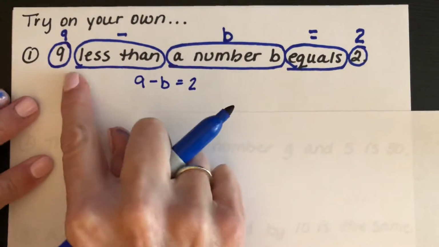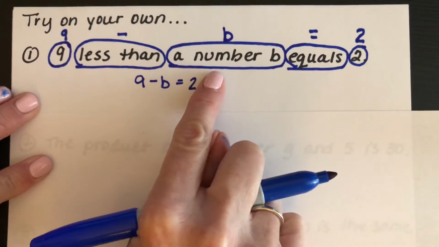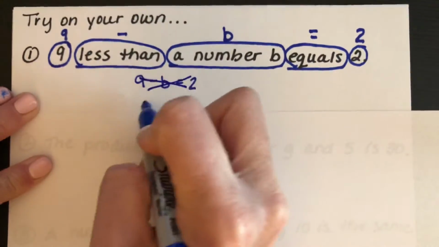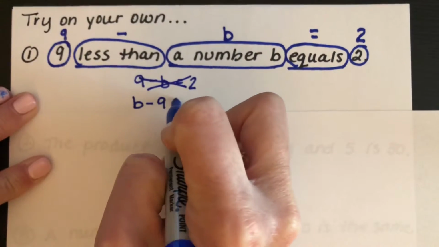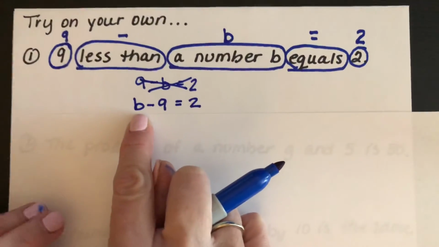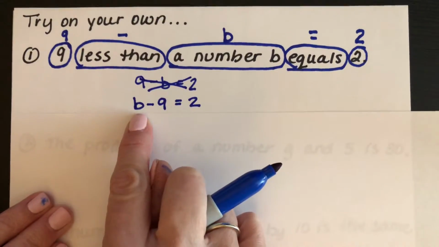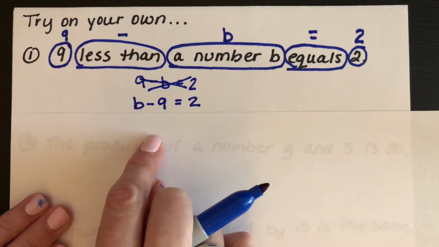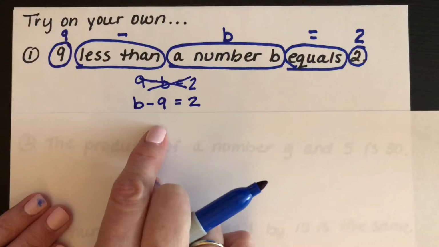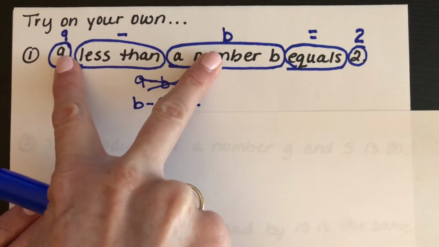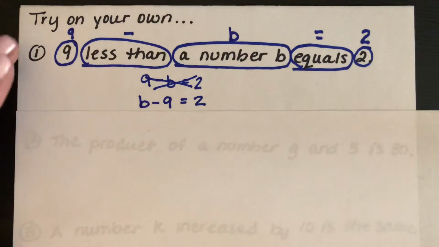The sentence says 9 less than a number b. So the correct answer is b minus 9 equals 2, because 9 is less than the b. So on these types of problems that have less than or more than, you will want to make sure that you flip the variable, the number, or whatever it is.